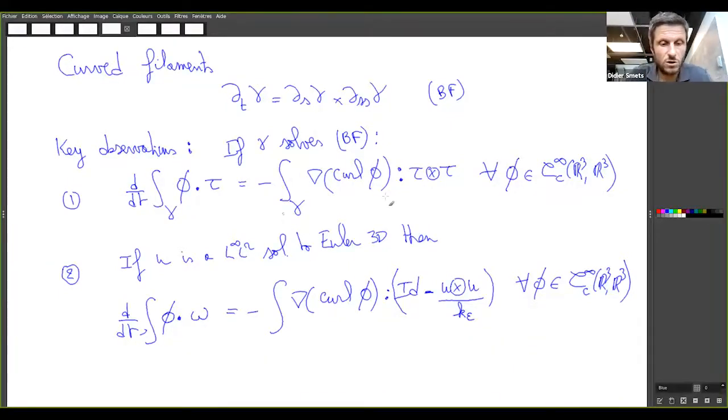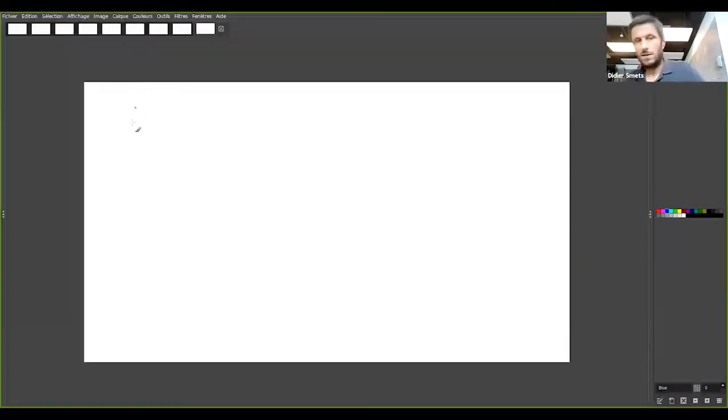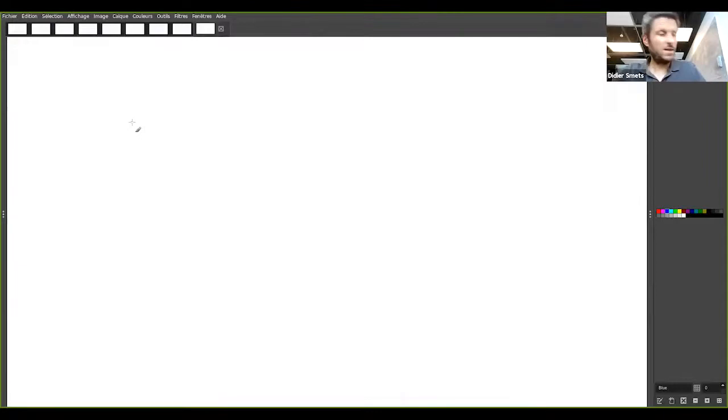Okay, so let me do the following. I'm going to introduce step 2. So it's stability for BF.